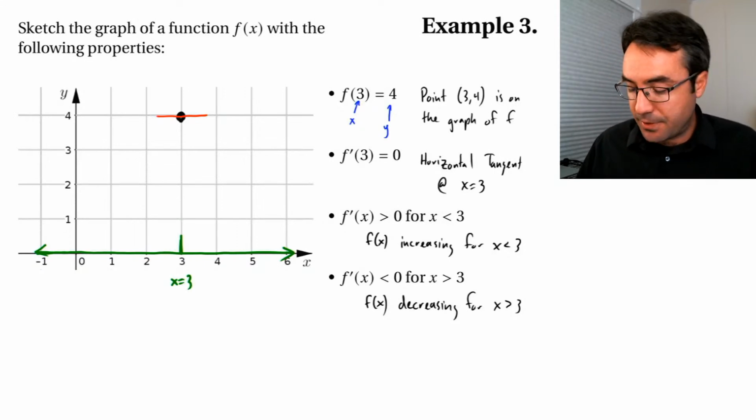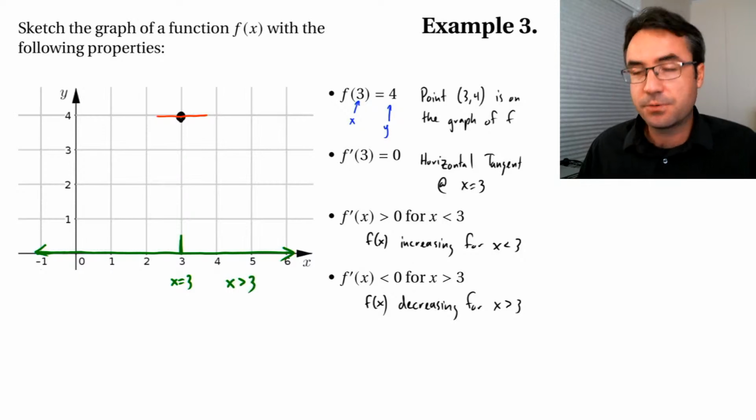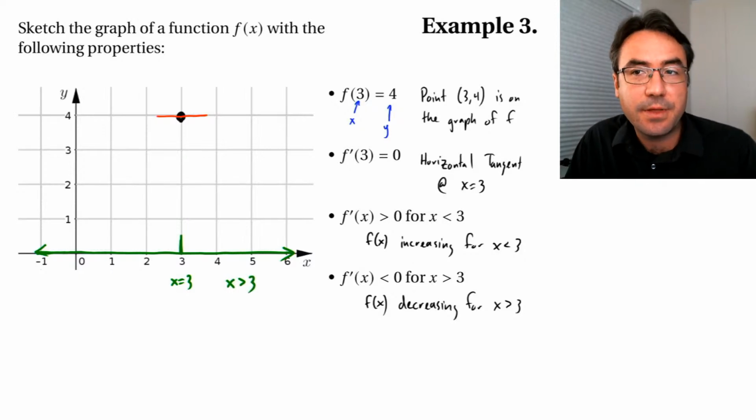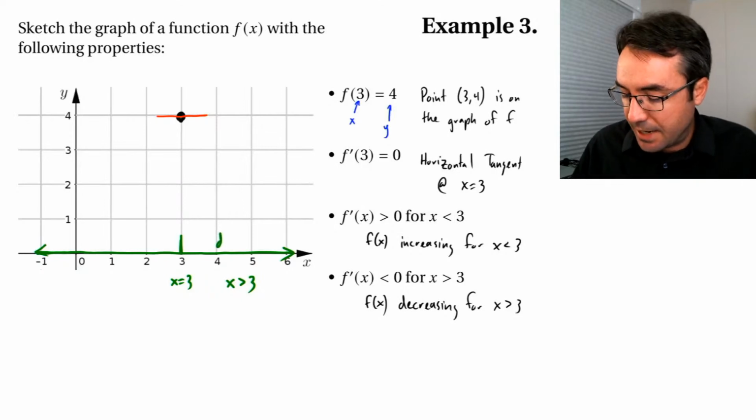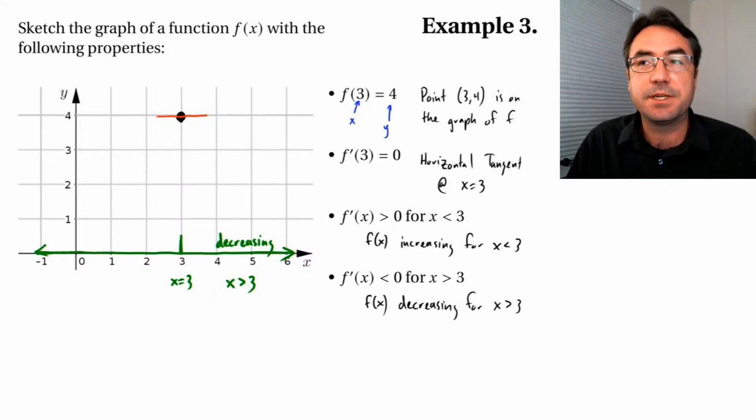If x is greater than 3, so that means we're on this side. What's happening if x is greater than 3? Well, we said that our function was decreasing. So on this side, our function, when we draw it in, needs to be decreasing.